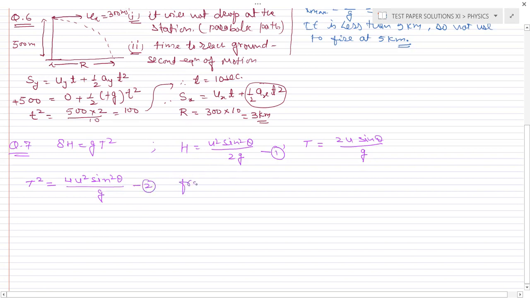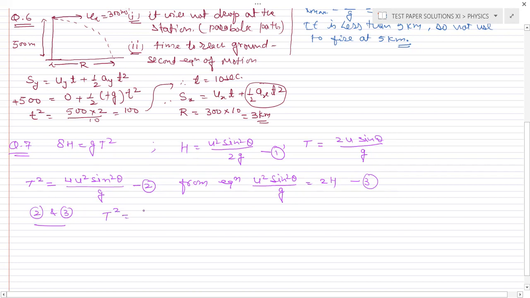Now from equation 2, u square sine square theta upon g is equal to twice of h. This is equation number 3, and using 2 and 3, what will be the result?